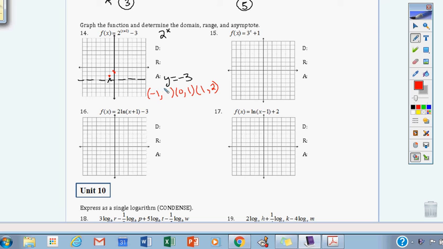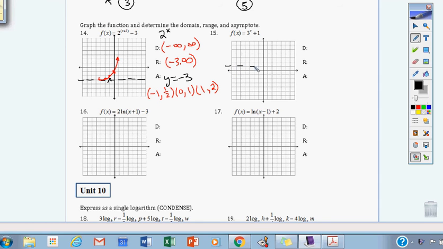And then negative 1, 1 half. 2 to the negative first is 1 half. So left 1 up 1 half. Okay? And knowing what exponential functions do, we can sketch that there. So the domain would be all real numbers in interval notation, and the range is dependent on this horizontal asymptote, so negative 3 to infinity. Okay, next one here is the same kind of idea, it's just shifted up 1.